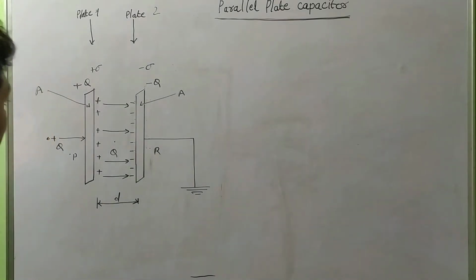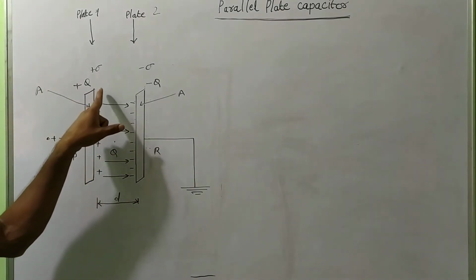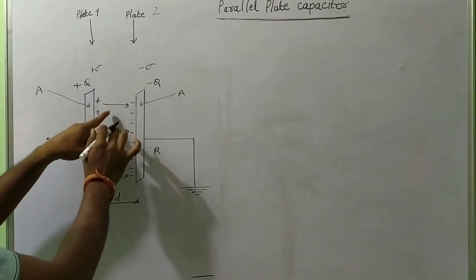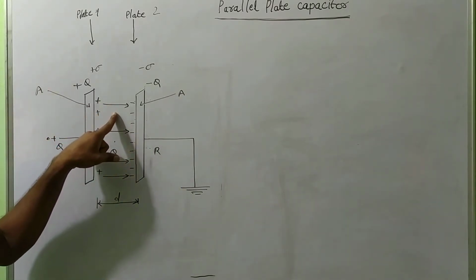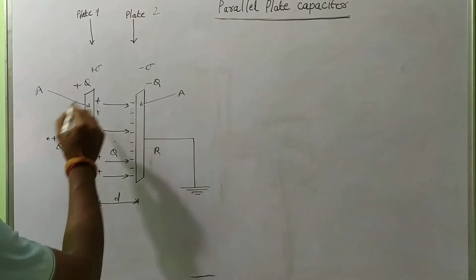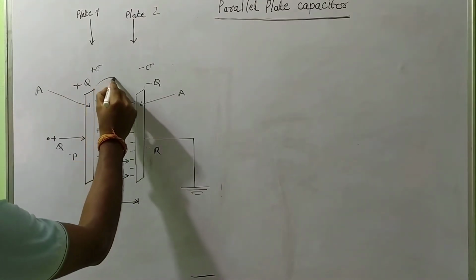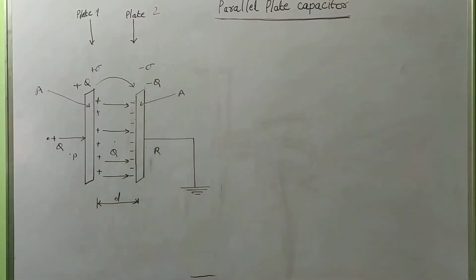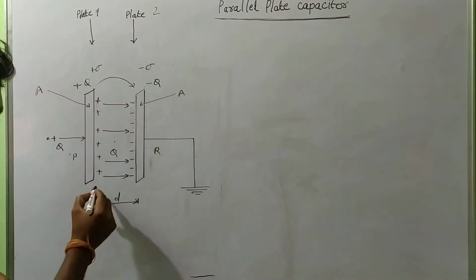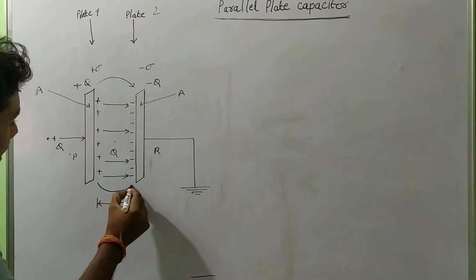But on the boundary of the conductors, these lines are not parallel. On the edge of the conductor, the lines go in the outward direction, like that.